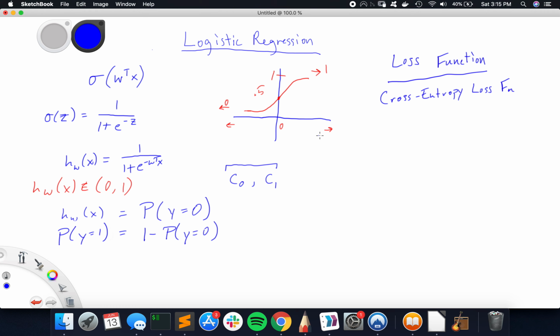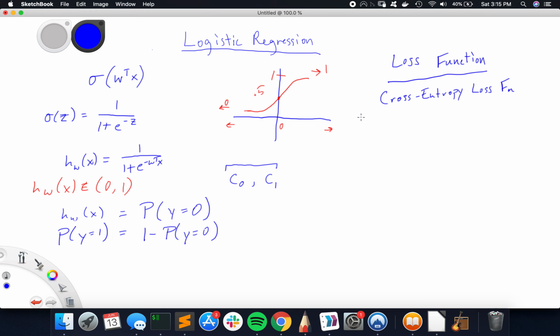The cross entropy loss function is super common in classification problems. It's not used only with logistic regression, you can use it all over the place, but this is the most common place where you'll see it.